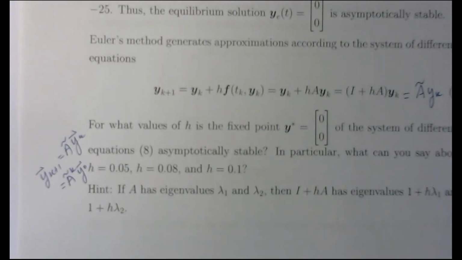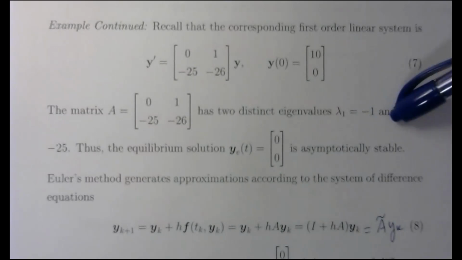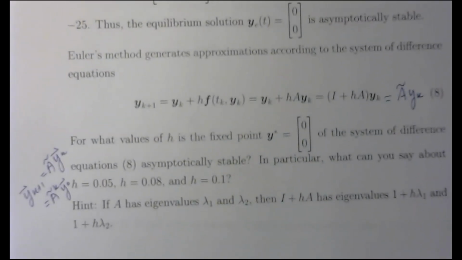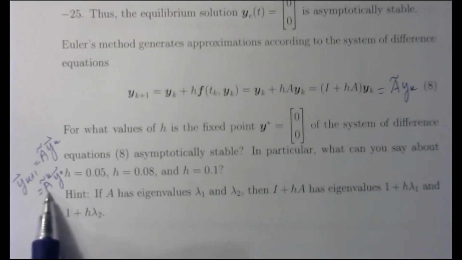So the condition for the eigenvalues for stability wasn't the condition up here where it has to be negative because solutions in continuous time look like exponentials. So I want e to the negative t, so it'll decay as time goes forward. No, instead for discrete time, I want eigenvalues for A tilde that live in the unit circle.